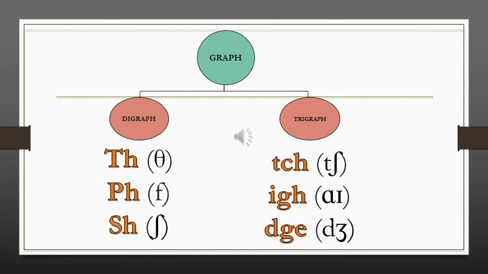We classify the graph into two major categories: digraph and trigraph.